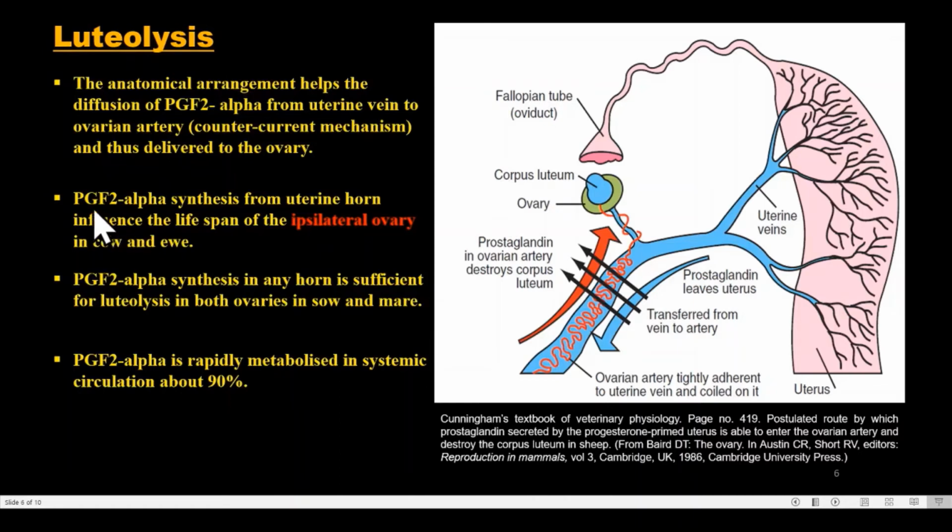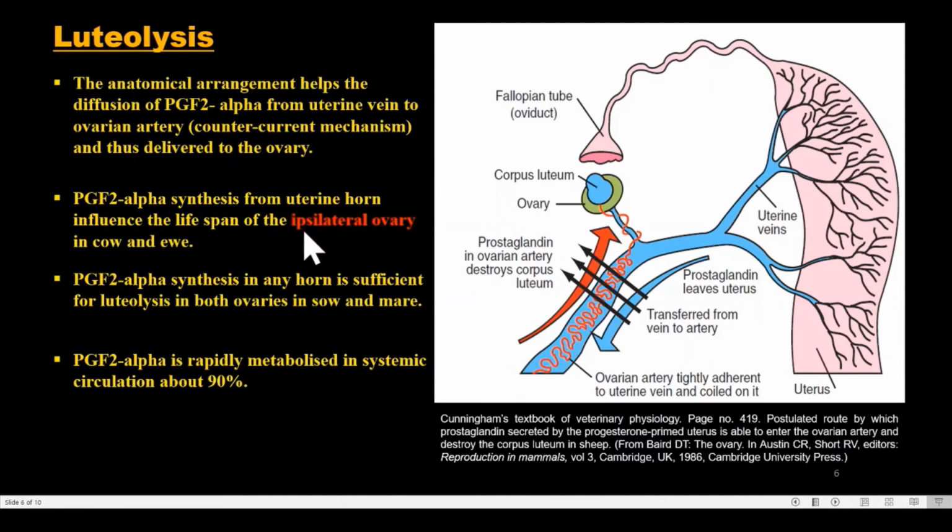The PGF2 alpha synthesis from the uterine horn influences the lifespan of the ipsilateral ovary in cow and ewe. It means, suppose there are two uterine horns. If the left uterine horn is producing PGF2 alpha, it will degenerate or regress only the corpus luteum present in the left ovary, and this PGF2 alpha cannot cause degeneration of the corpus luteum in the right ovary.